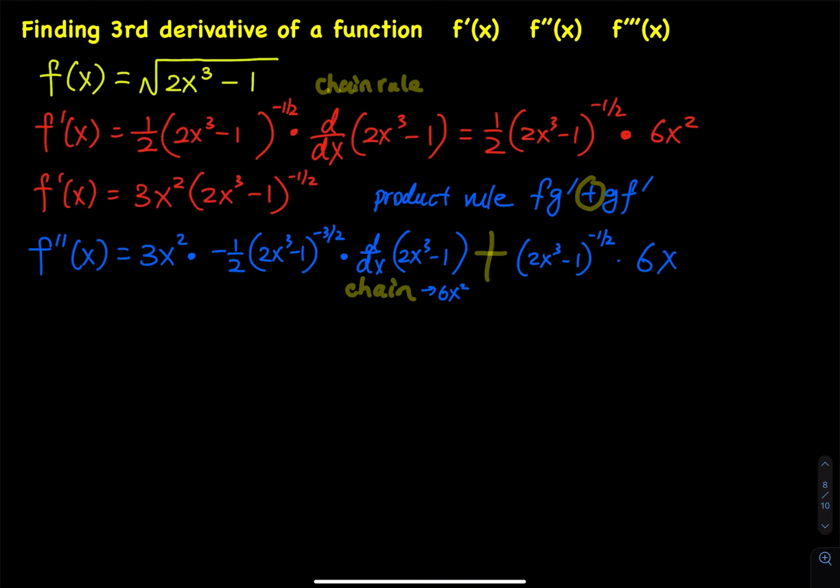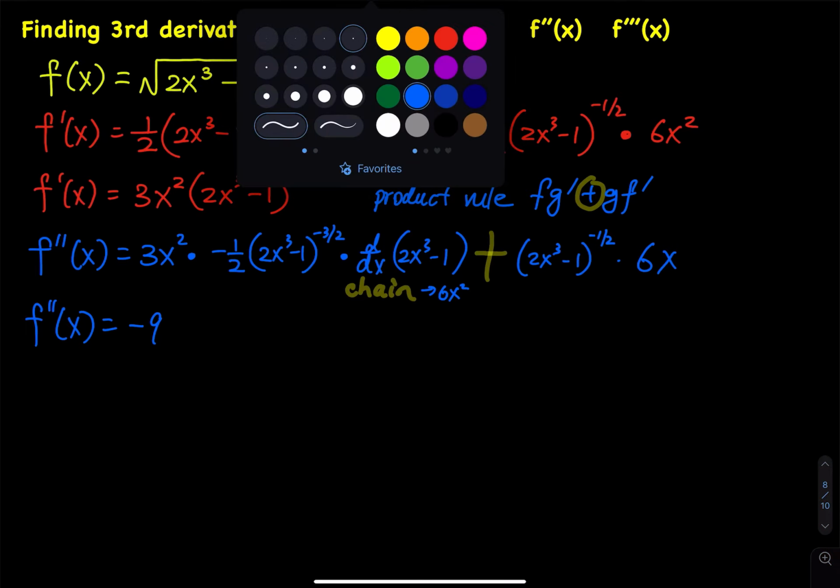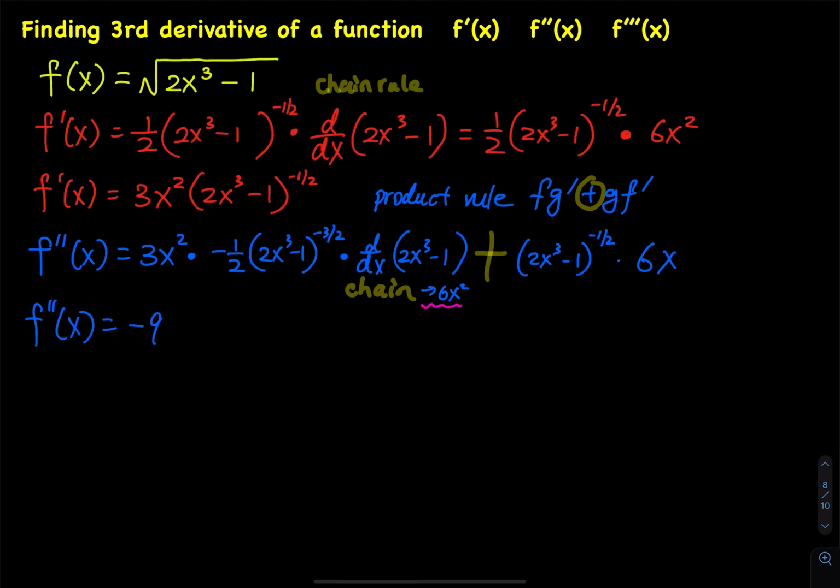Okay, so f double prime of x, the negative is not going to go away. So we have a 6 times 3, that is 18. 18 divided by 2, that is equal to 9. So we have a negative 9. And then x squared times x squared, I am talking about this x squared and this x squared and the 1/2.